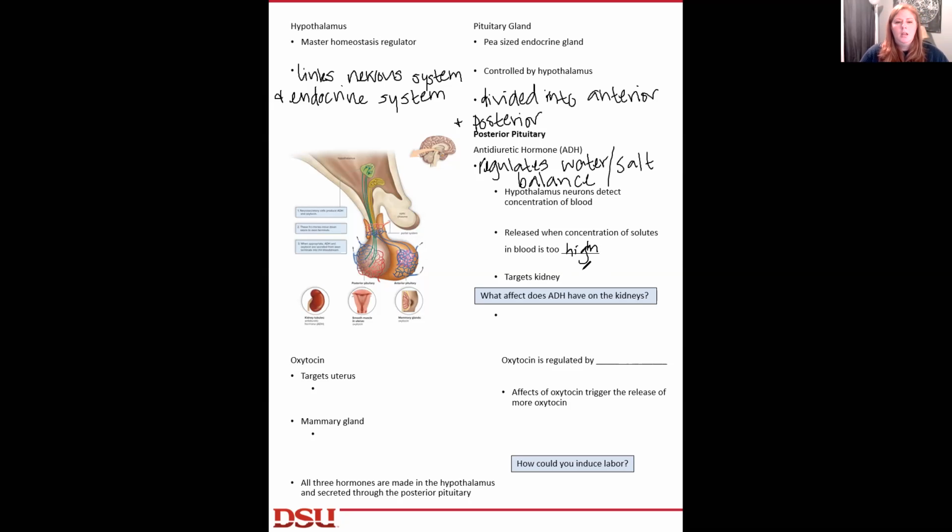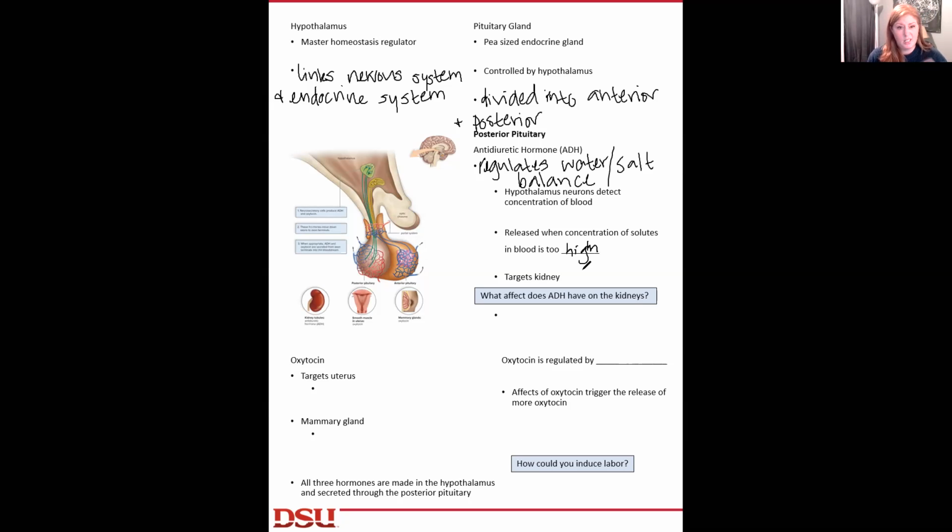Antidiuretic means to conserve water. So when the solutes are too high, we need our solvent, which is water, to balance that ratio out.